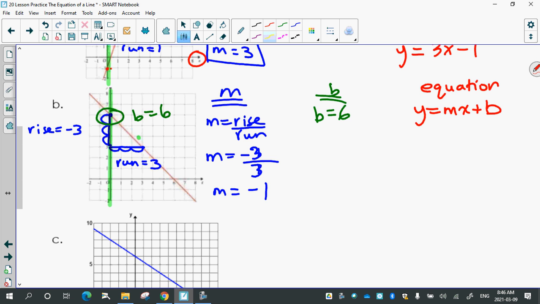So it is y and x. The slope number is -1. You still need the x. And then plus 6 because b is positive. And again, if we looked at the equation of this line, we'd say, okay, it starts at 6 on the y-axis and it has a slope of -1. Okay? That's what it's telling you.